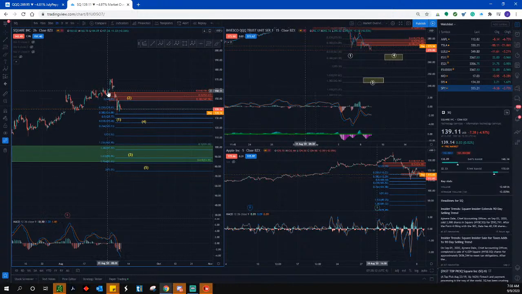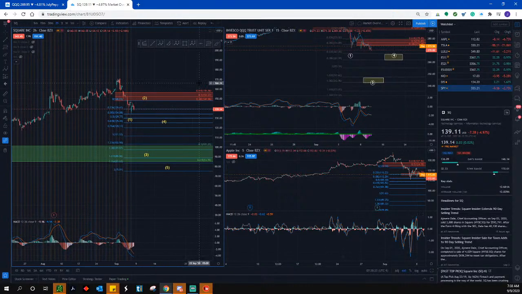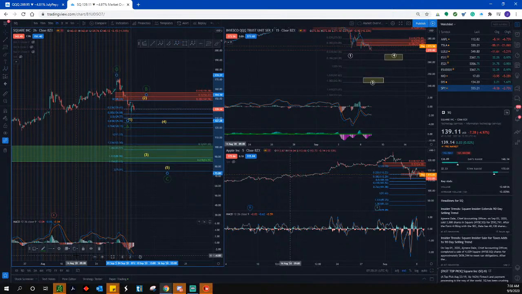So Square, I could see it going down. Well, let's look at extended hours. So yeah, see, it's trying to come down and grab that A. So this would be your A, B, C.